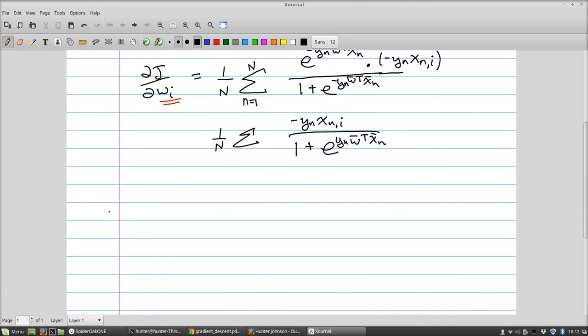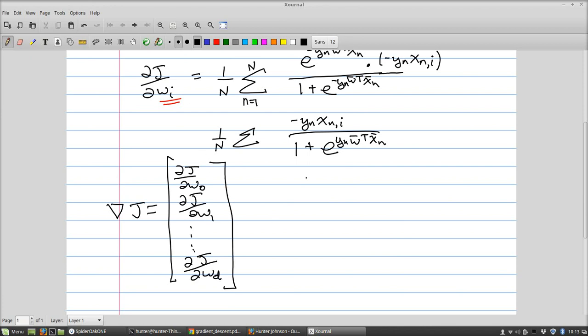It's not yet the gradient. The gradient, you know, is the partial with respect to w0, the partial with respect to w1, and so on, up to the partial with respect to wd. Okay. So what is that going to look like?